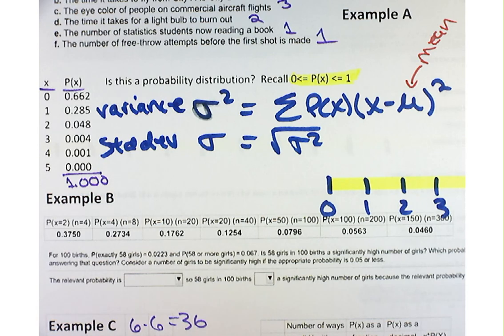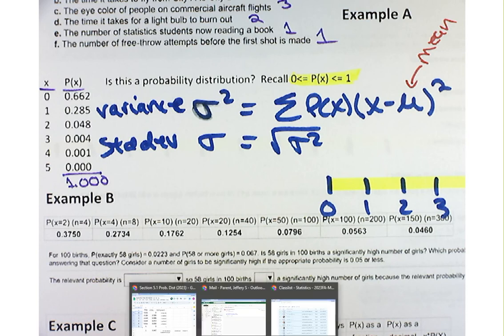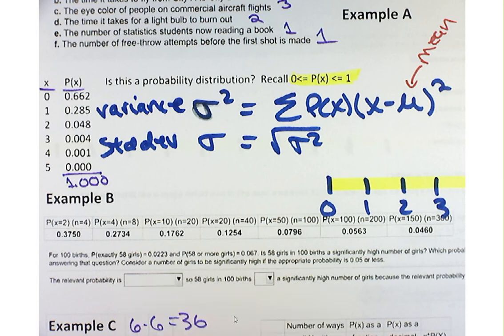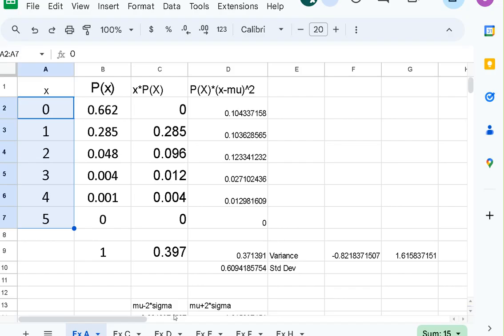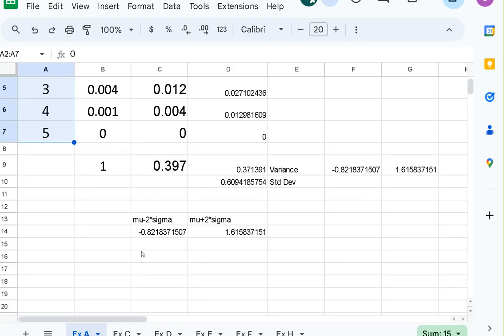Let's look at what I got when I calculated that range of 2 standard deviations below and 2 standard deviations above. So I got negative 0.82 to 1.61, I'll call it 1.62.